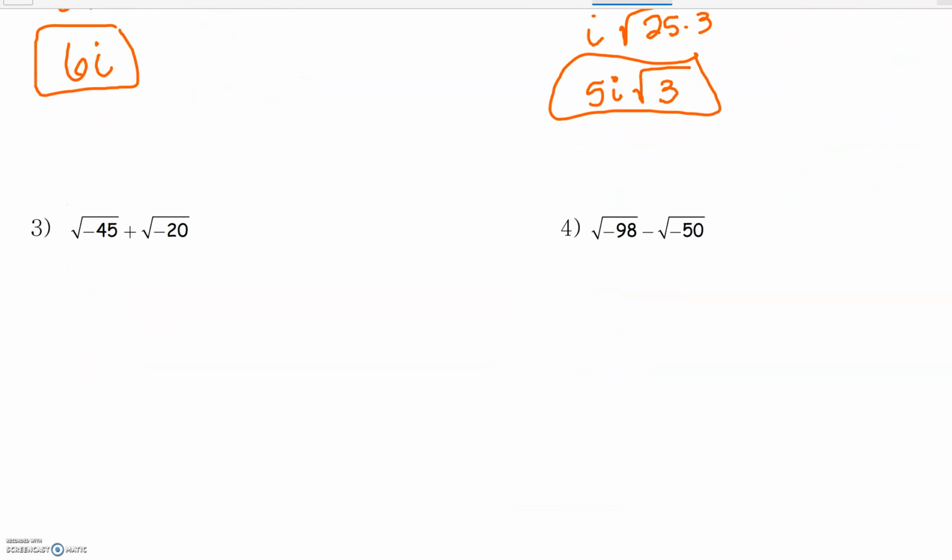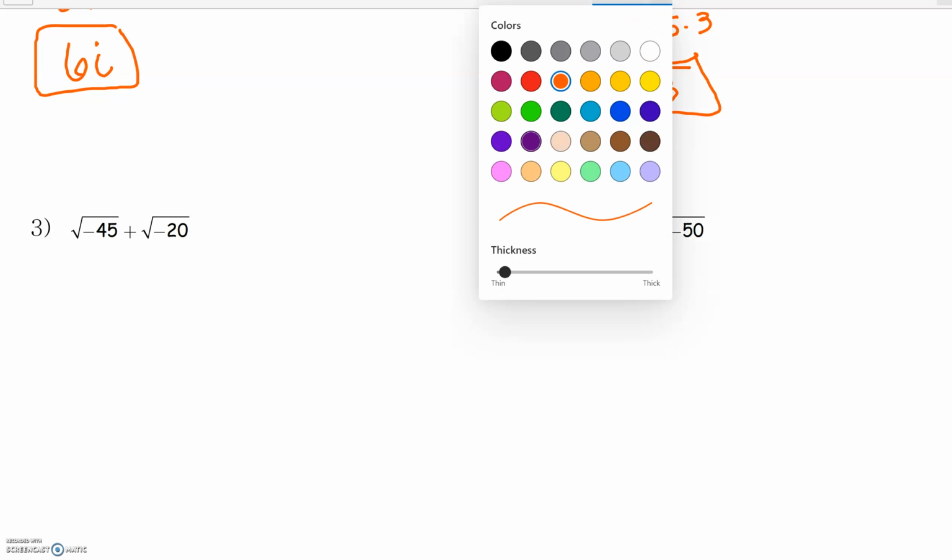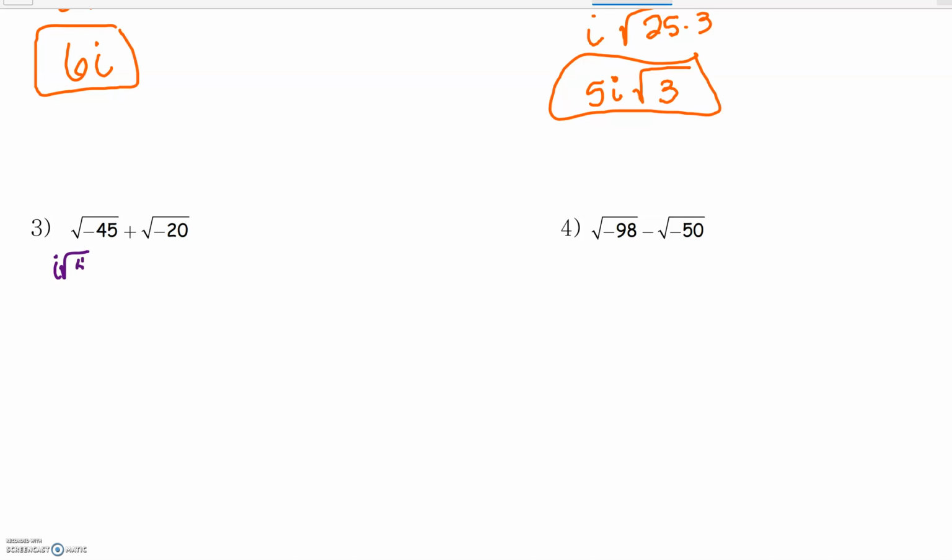When it comes to adding, we first just need to simplify, and then we can see if we can add the radicals, because they have to be the same in order to add. So let's go ahead and simplify. So this is going to be I radical 45 plus I radical 20, and now we can simplify our 45, 9 and 5, and our 20, 4 and 5.